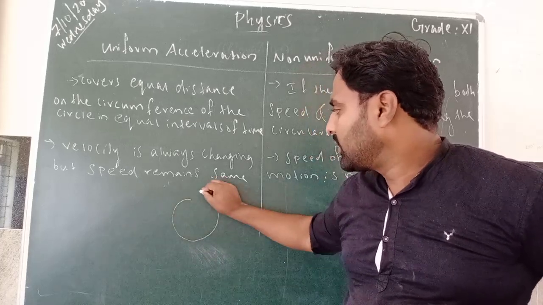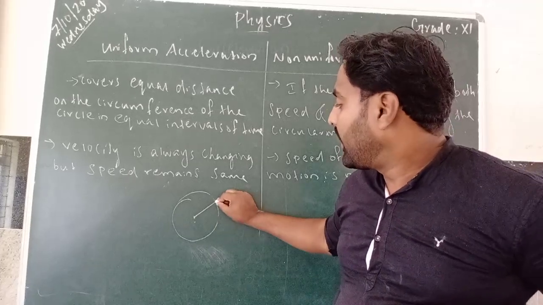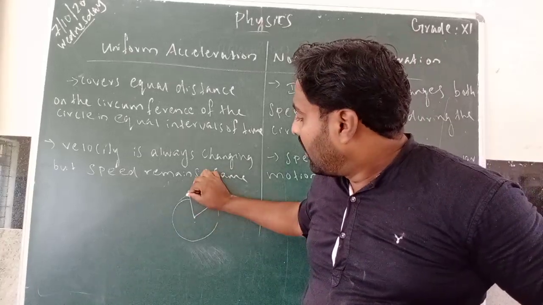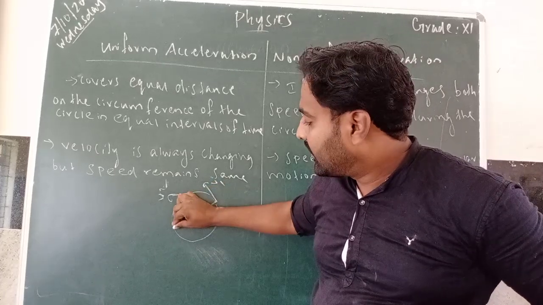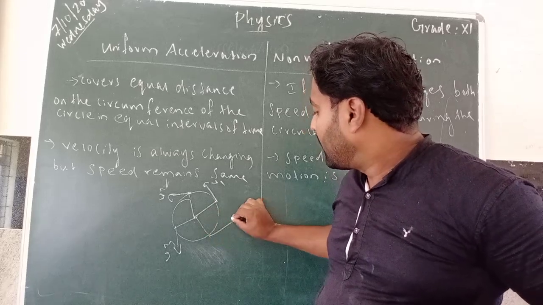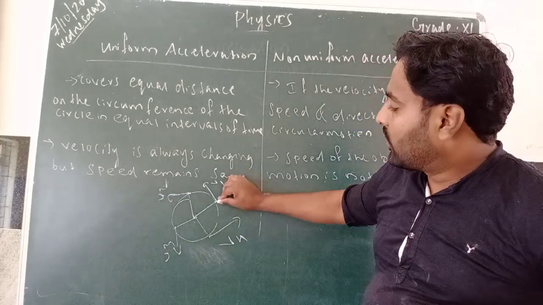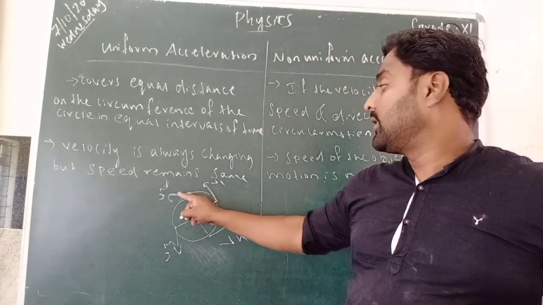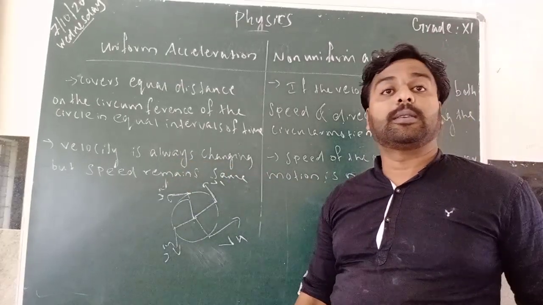So suppose a particle is moving in circular motion, here velocity v1, here velocity v2, here v3, here v4. So you see, velocity during the circular motion is showing different directions. That is why velocity is always changing.